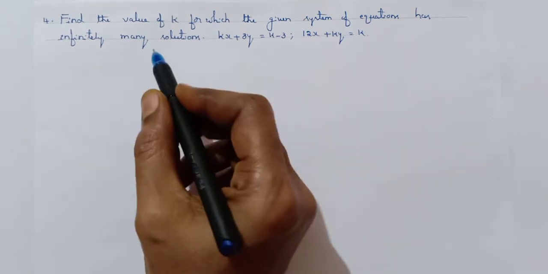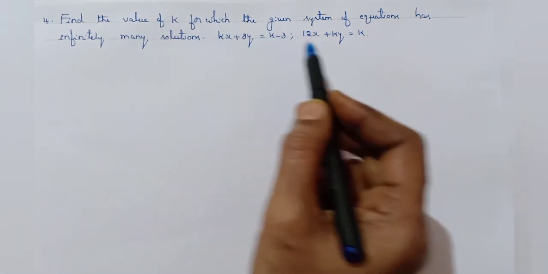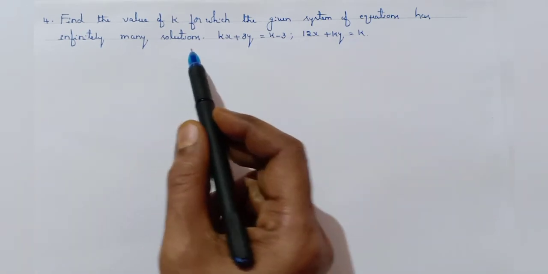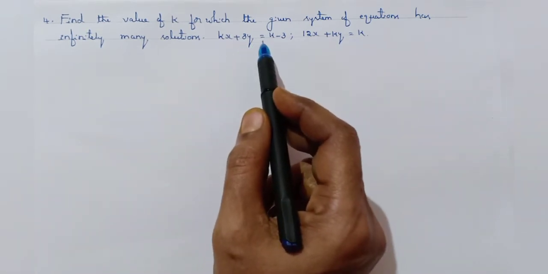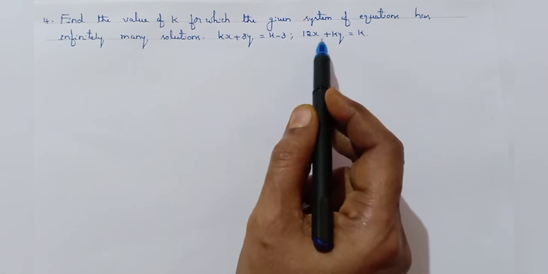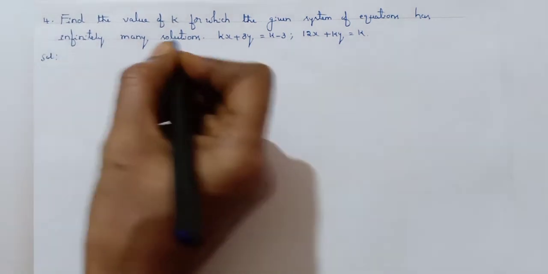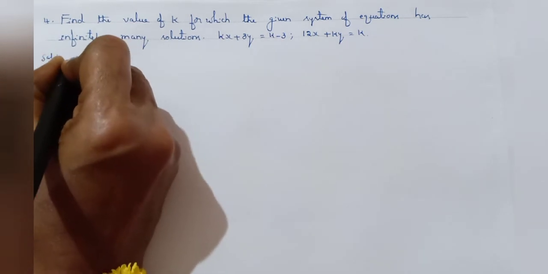Next question. Find the value of K for which the given system of equations has infinitely many solutions. So Kx plus 3y is equal to K minus 3 and 12x plus Ky is equal to K. So write the given linear pair in standard form.